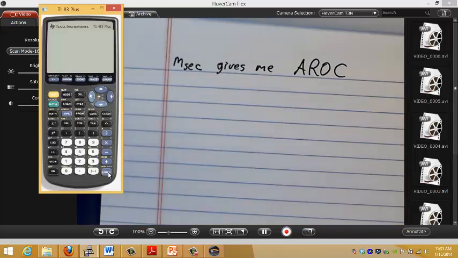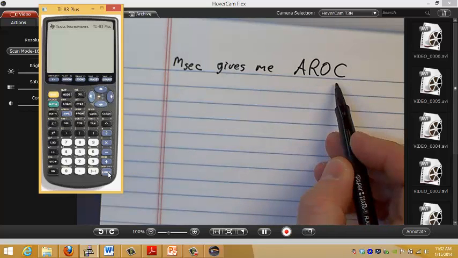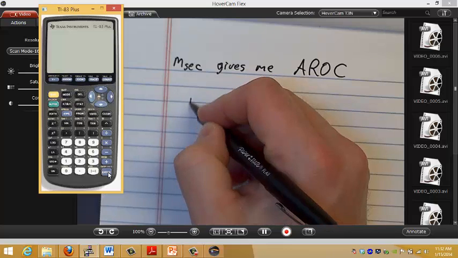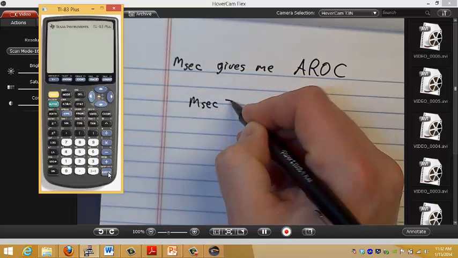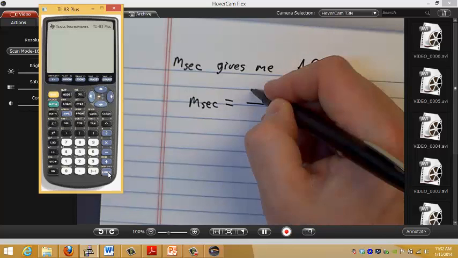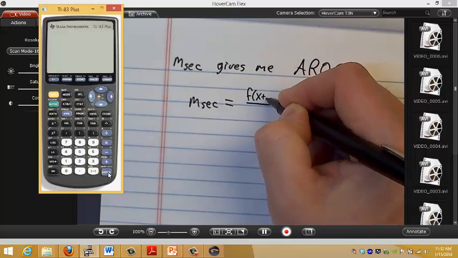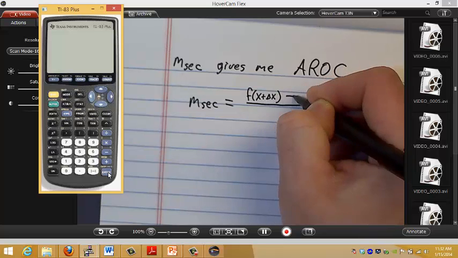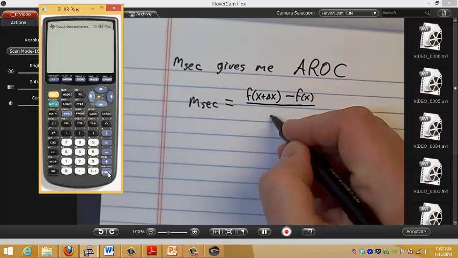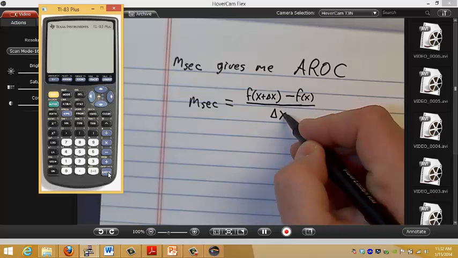I'm going to write it down on the paper. It's a really nice thing to know about. And he even says average rate of change right there on the page. AROC. So M secant equals f of x plus delta x minus f of x, all over delta x.